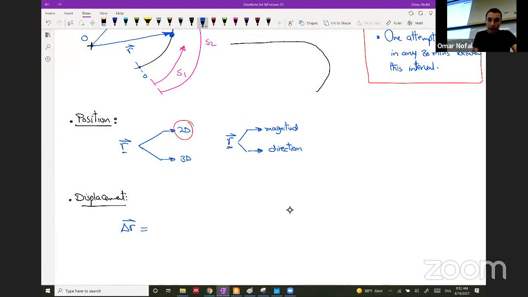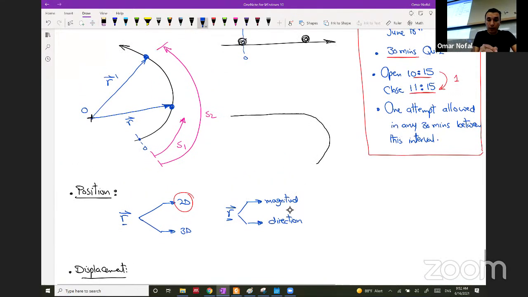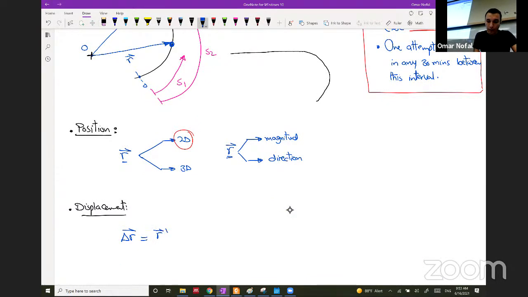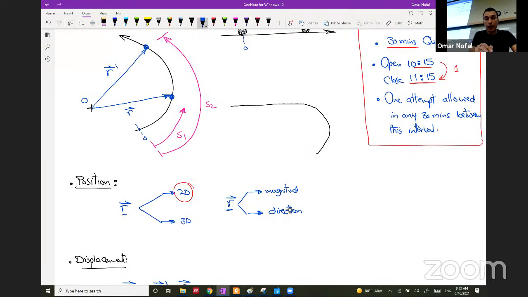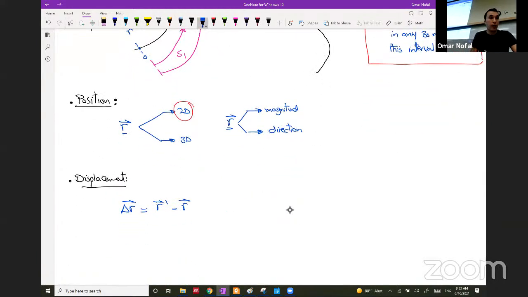Delta R is the final position of the particle, R vector dash, minus R vector, the initial position. This is the displacement, which is the change in the position of the particle. Here it ended here, and this is the initial position.